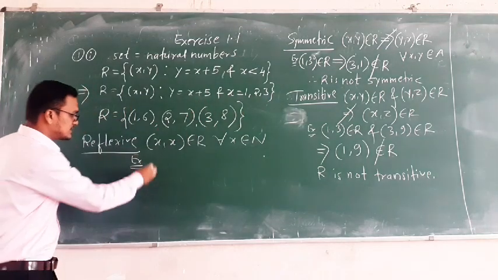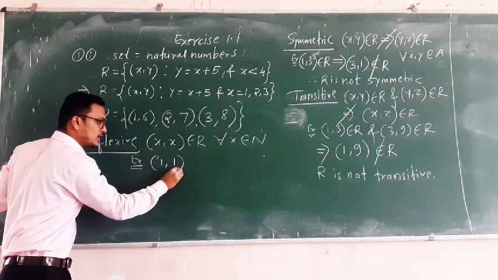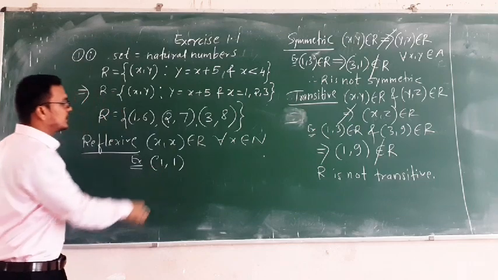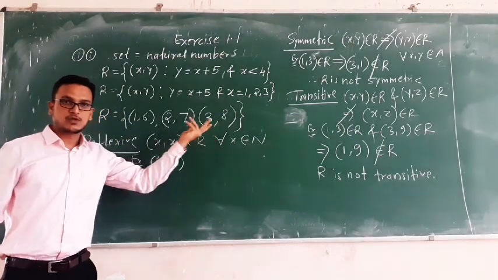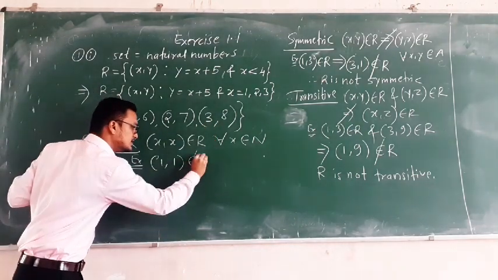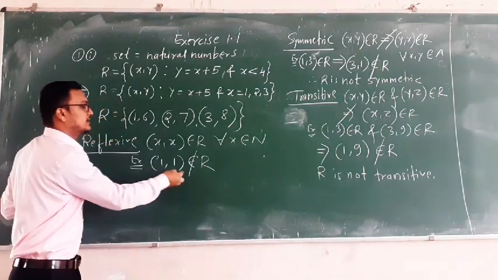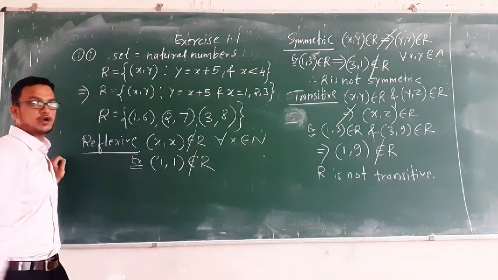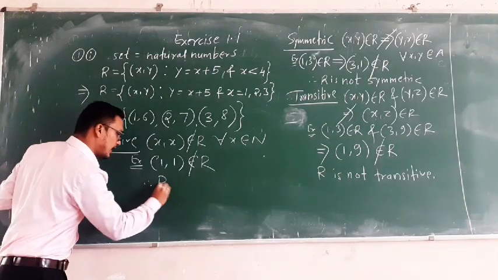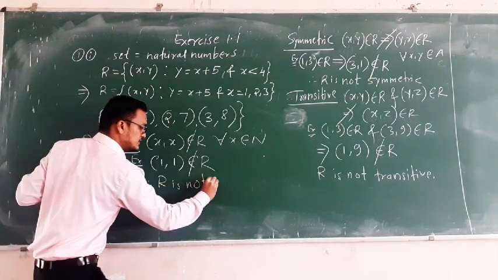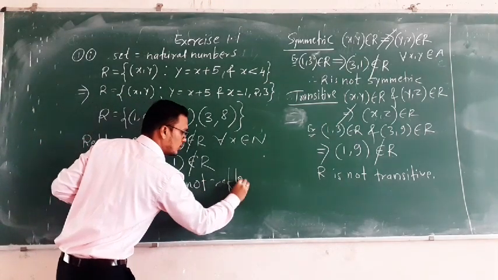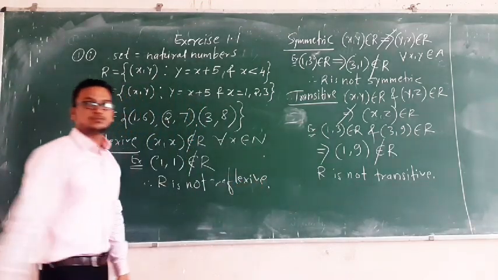So I will take x is 1, and it becomes (1, 1). Now, is this (1, 1) present in R? No. So it does not belong to R. If it does not belong to R, then the definition also fails. Therefore R is not reflexive.